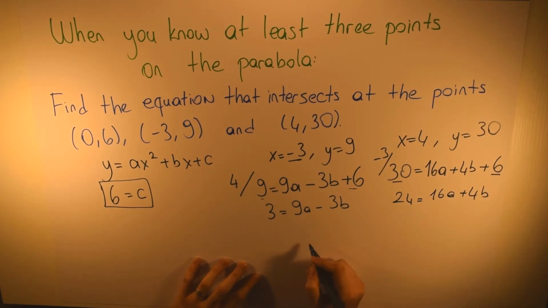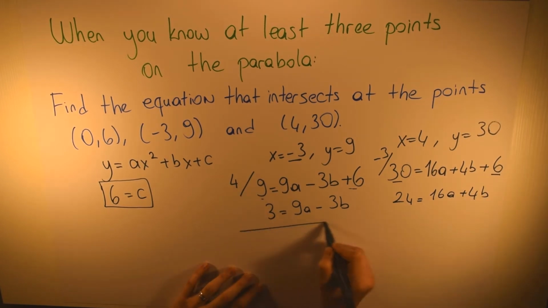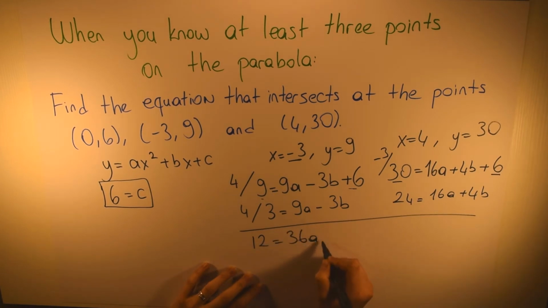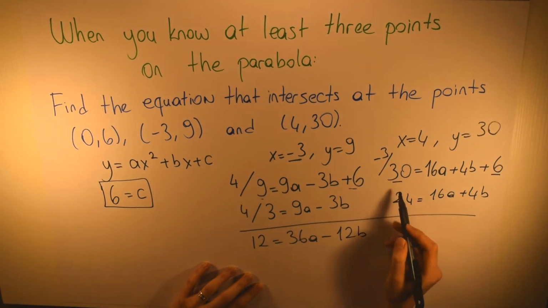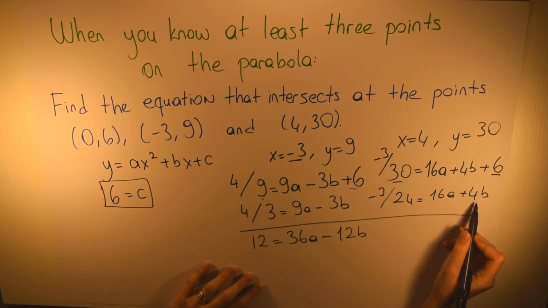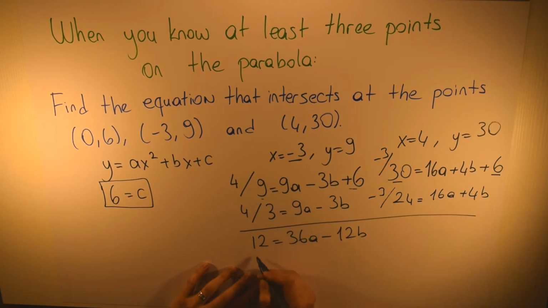Okay, now we can continue. In this equation, when I multiply by 4, I will get 12 is equal to 36a minus 12b. So I get minus 12b, and when I multiply this one by minus 3, I will get plus 12b. So let's do that.